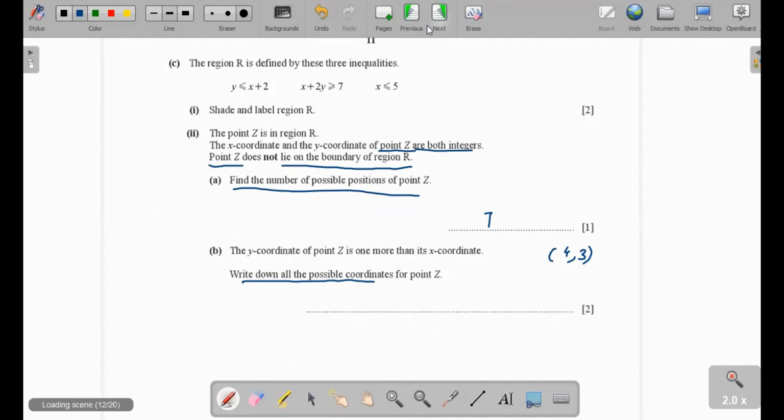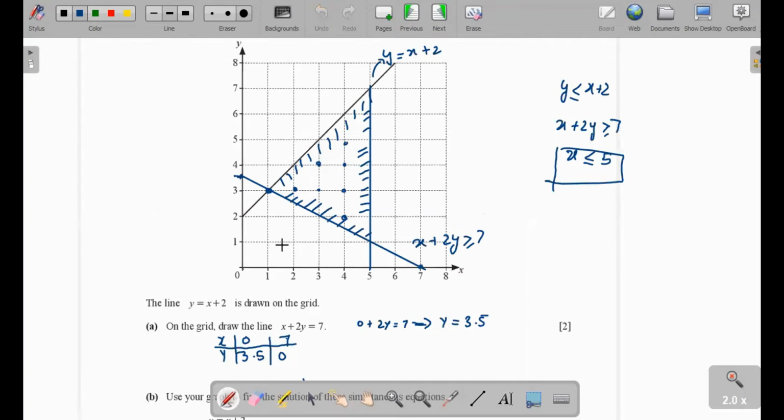Now we check these points. This is 4, 2. Next is 2, 3. You can see here this 3 is one more than x.